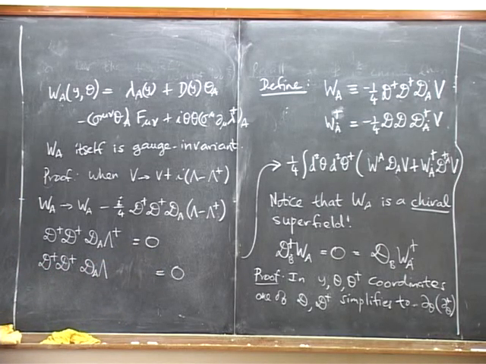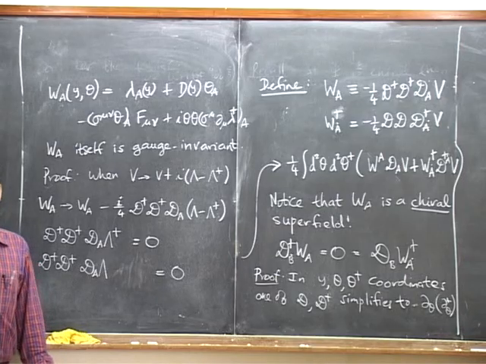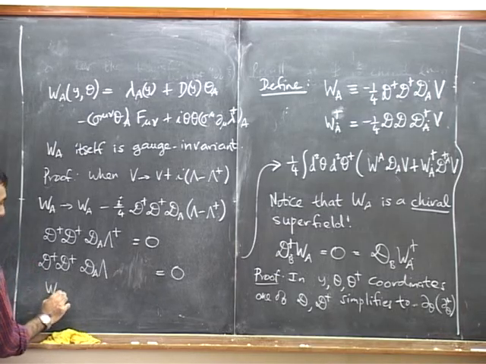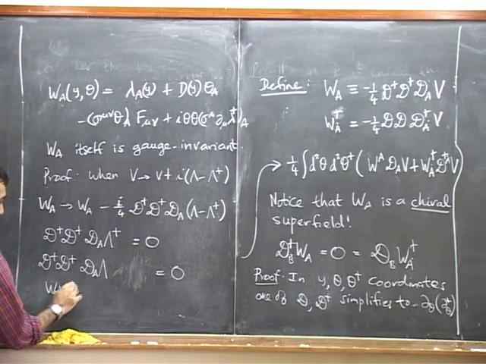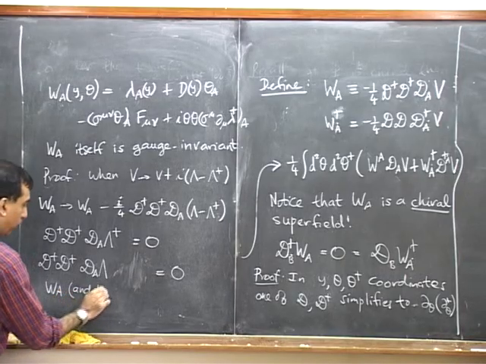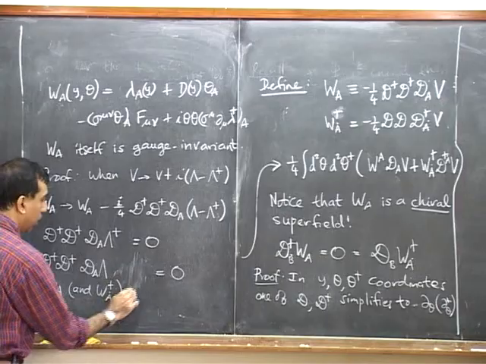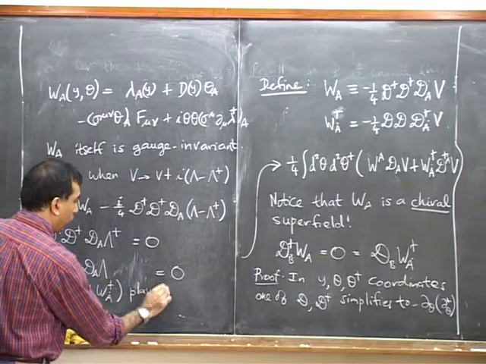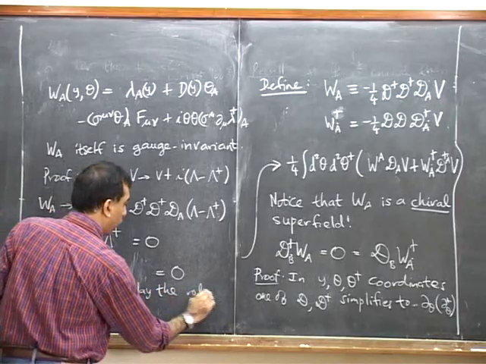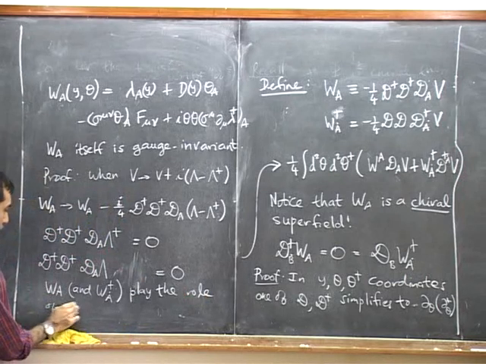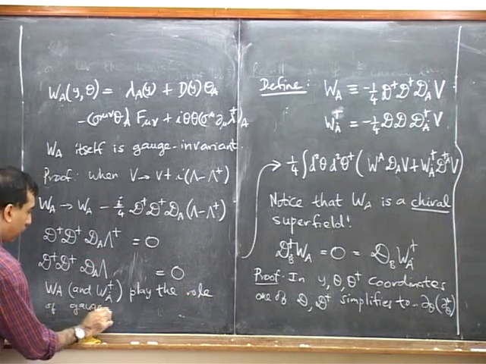Okay, so we see how the gauge invariant field strength, W_alpha and W_alpha dagger, play the role of gauge invariant field strength.